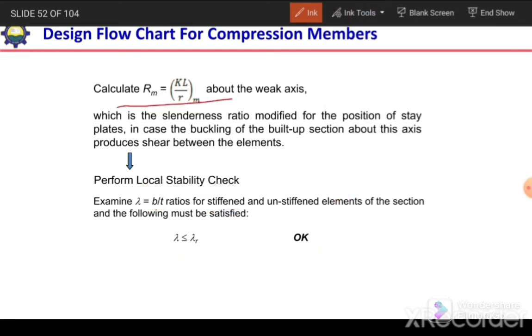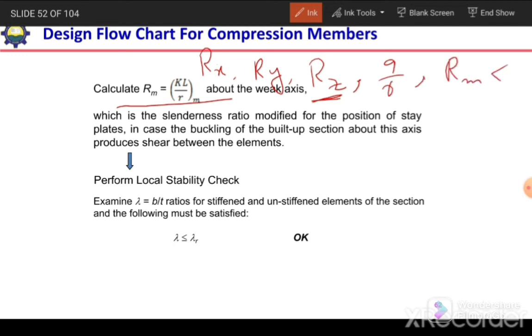So now we have 4 slenderness ratios of the section, or we can say 5: rx, ry, rz, which may or may not be present. In case of an unsymmetrical section or angle section, we also have the minor axis, the Z axis. Similarly, a over r and r modified.